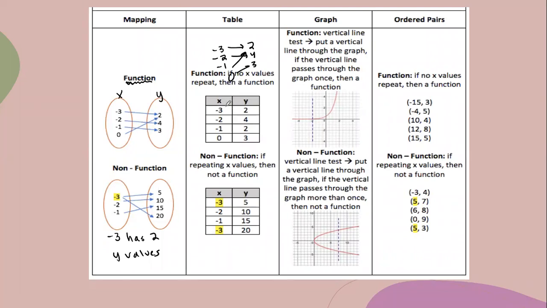Yes, there's no repeating x values, so I know that each x is faithful. But if you look at the example of the non-function, you notice -3 is with 5, but -3 repeats again, and it's with 20. So -3 has 2 y values, 5 and 20. So this is not a function. So when you're looking at a table, you look and see if any of the x's repeat.